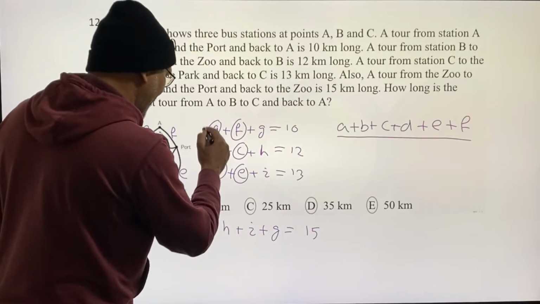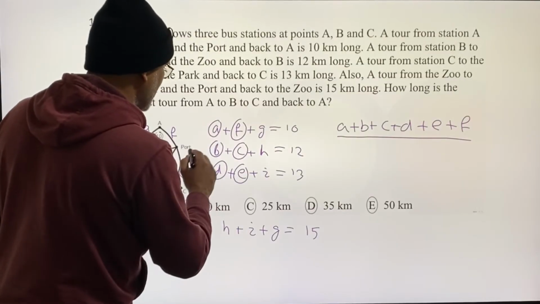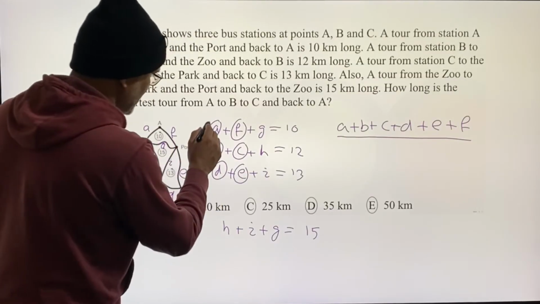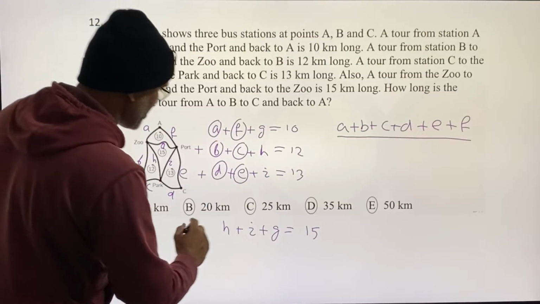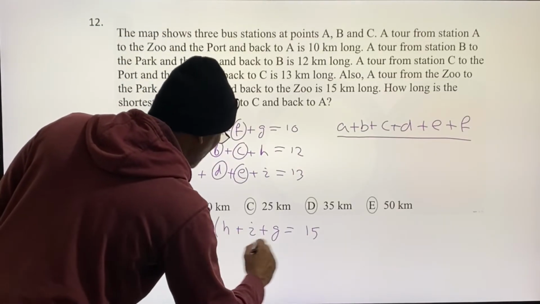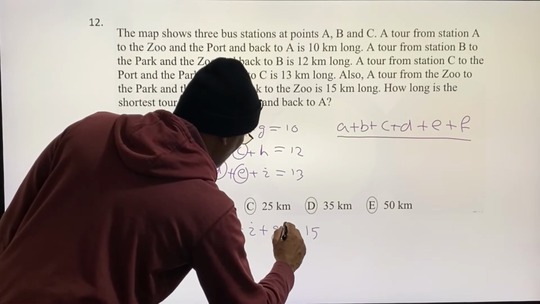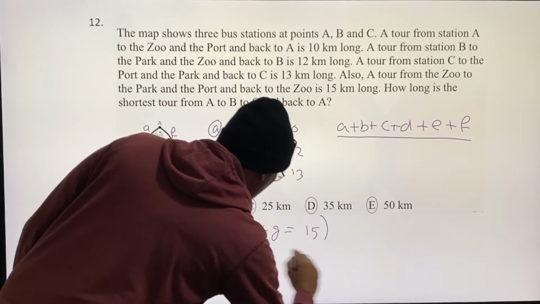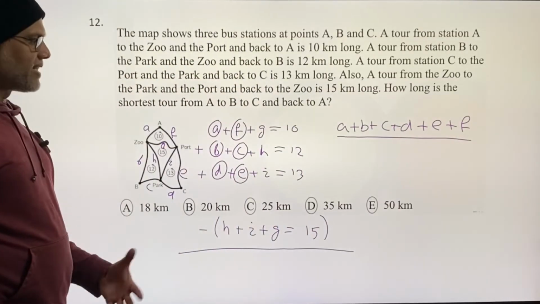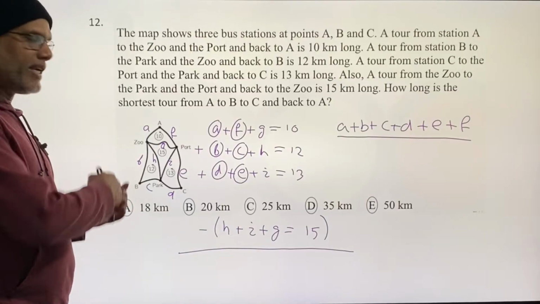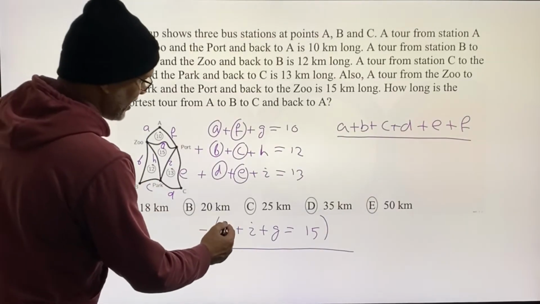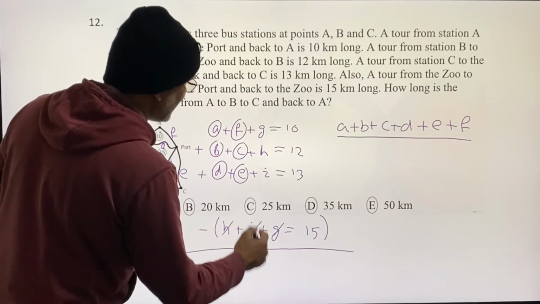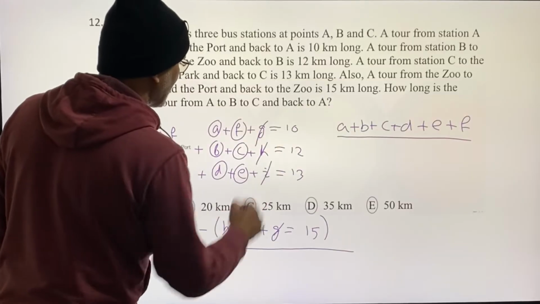So I want to add these 3 equations, this equation plus this equation plus this equation, and then subtract this equation. That is essentially the same as what we did earlier. G, H, I will cancel out.